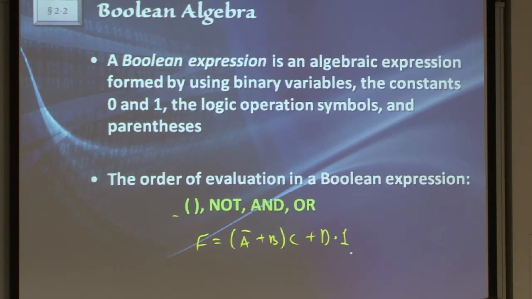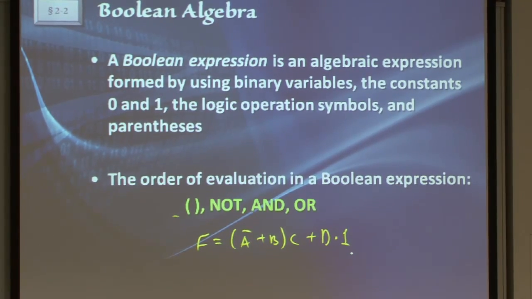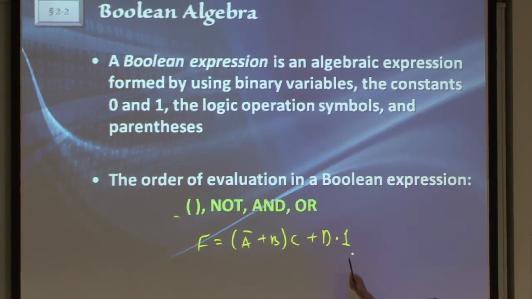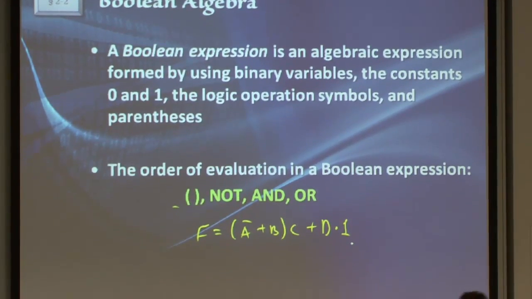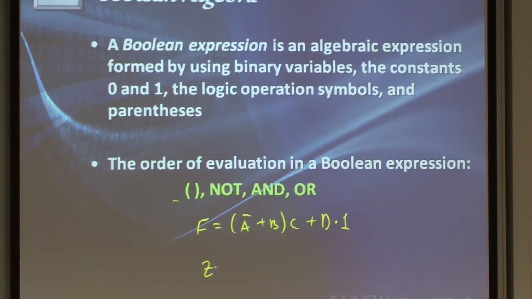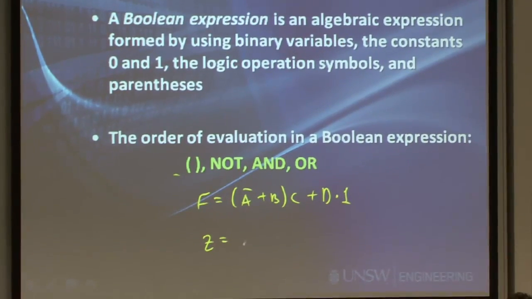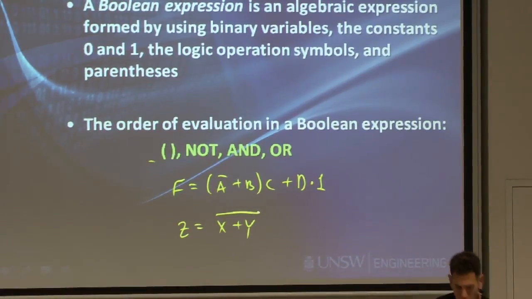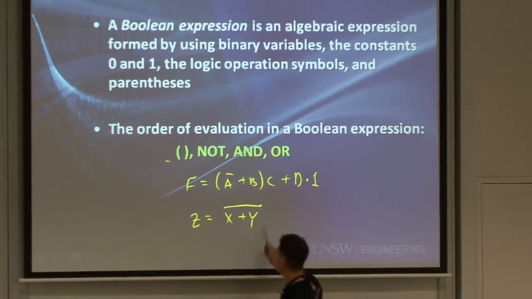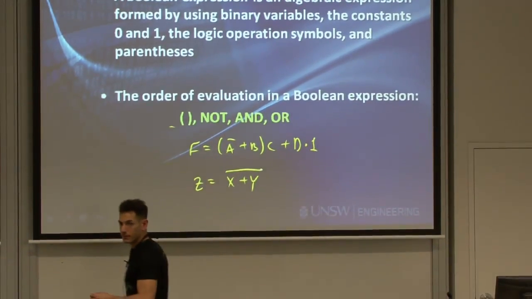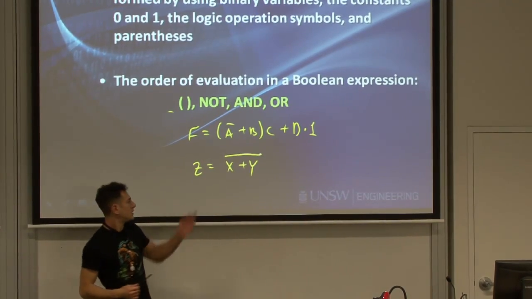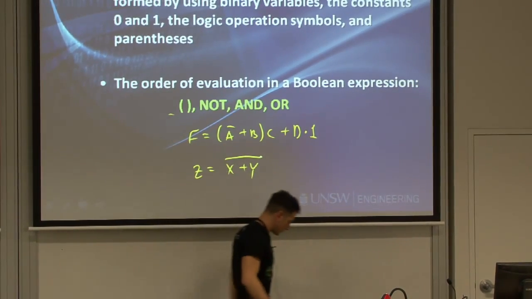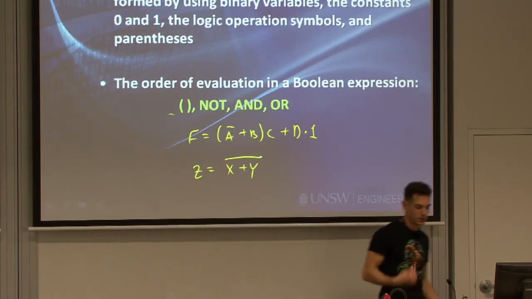Now in this case, I usually used the operation only on one variable, but I can do things like what I've done in the previous slide. I can negate a whole expression. Now we said the invert operation is a unary operation.